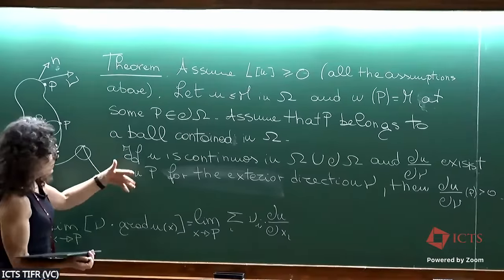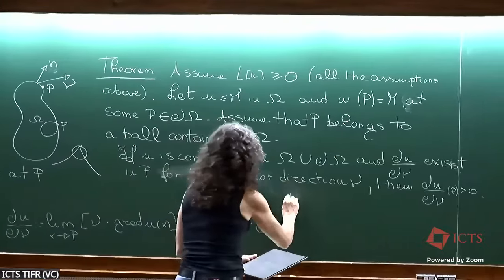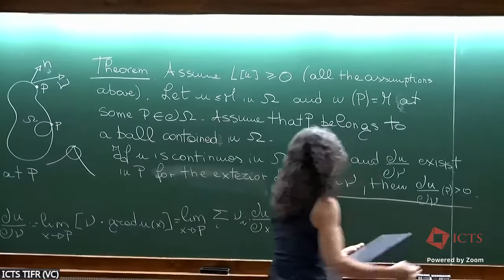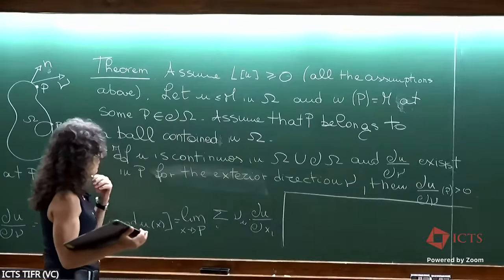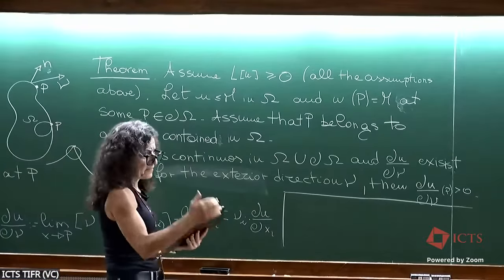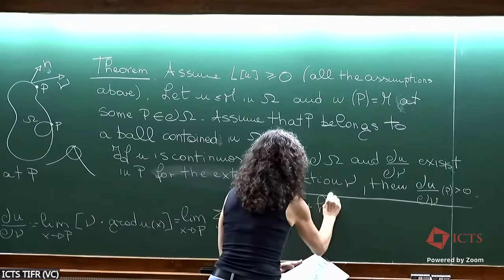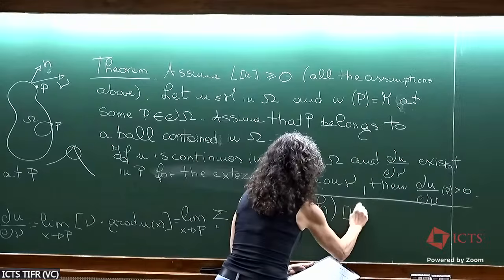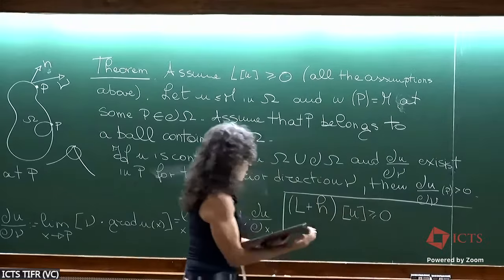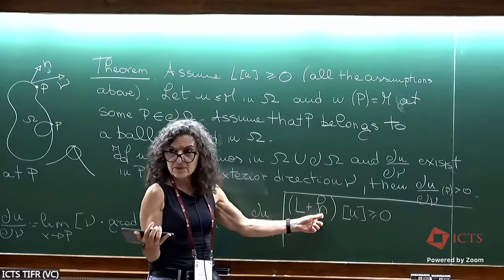Okay, so we're not going to prove it, but it's really very similar to the interior case. And I would like to add that a boundary maximum principle also holds in the case where you have this h less or equal than 0.